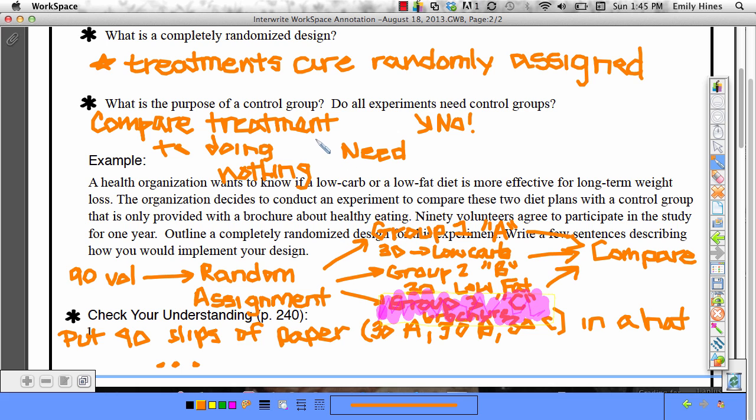So is low carb or low fat better than just eating healthy? Then I need the control group to show that it's better than eating healthy and not dieting. But again, if I only want to show which thing is better, aspirin or Tylenol, low carb, low fat, pens or pencils, if I'm only looking to compare one thing to something else, then I don't need a control group.